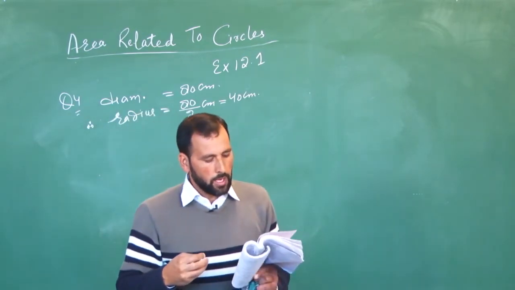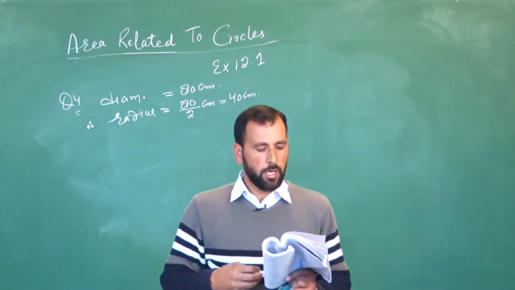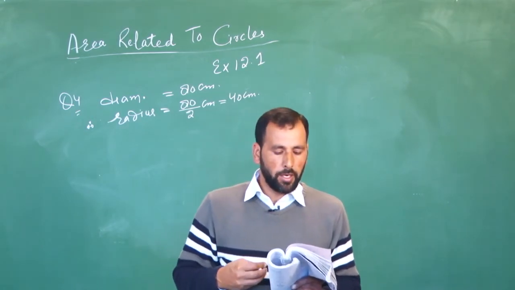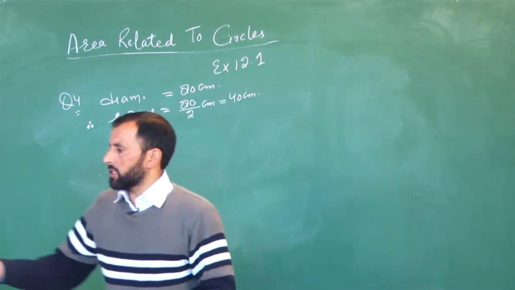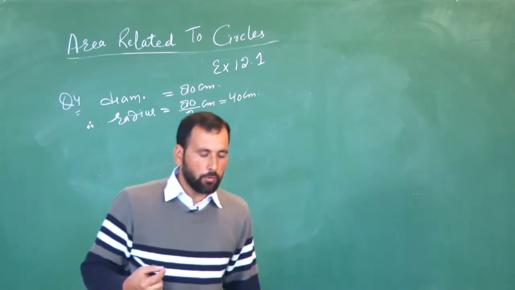Now the question is, how many complete revolutions does each wheel make in 10 minutes? So what is the distance traveled by the wheel in one revolution?